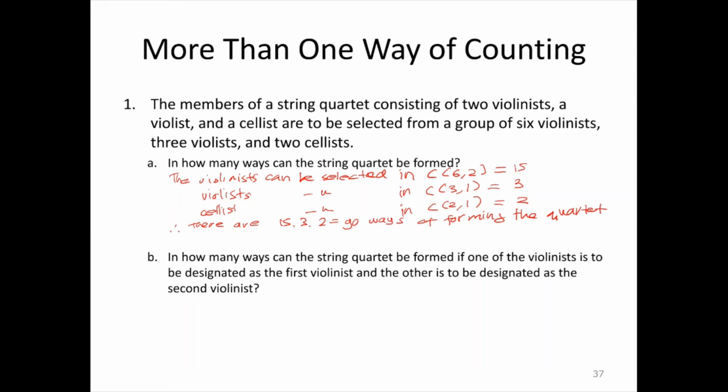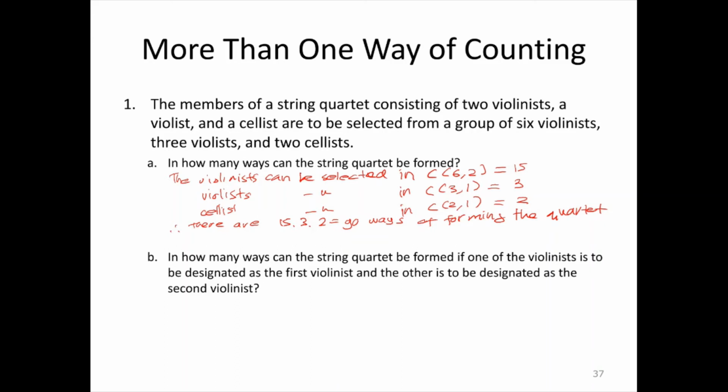So now if one of the violinists is to be designated as the first violinist, and the other is the second violinist, how many ways? Is it the same as part A?